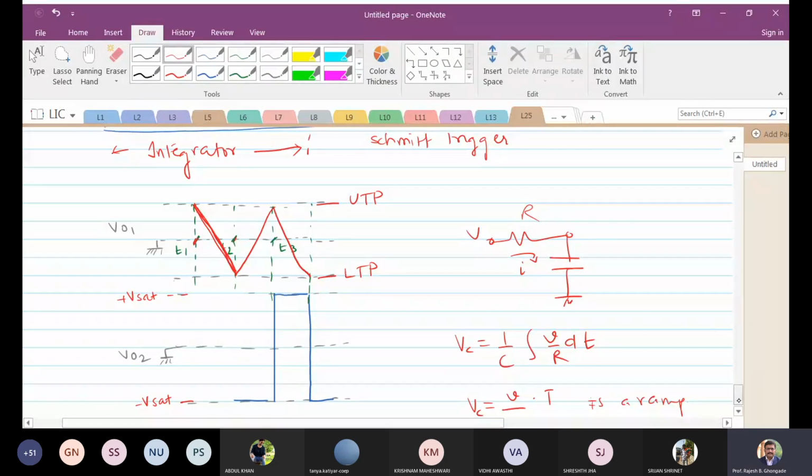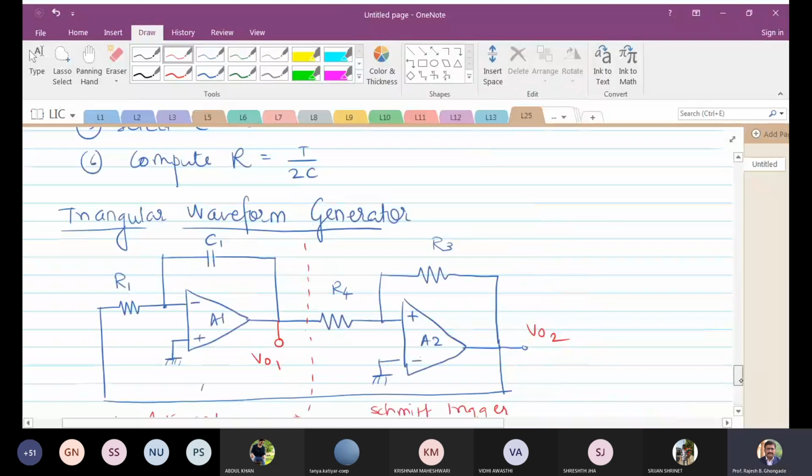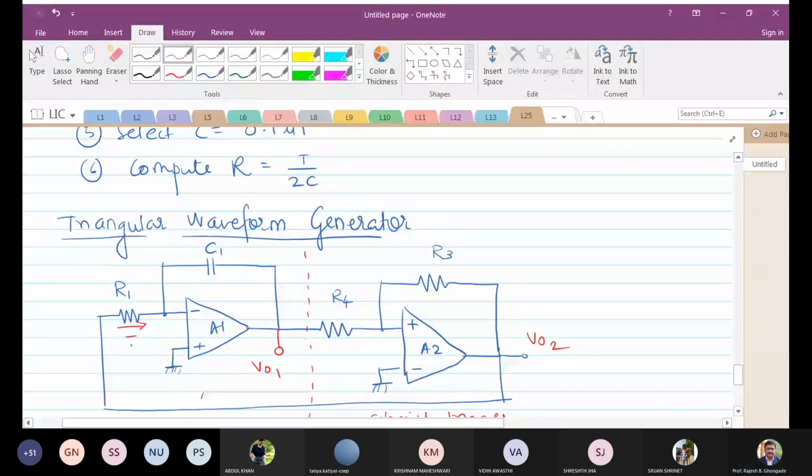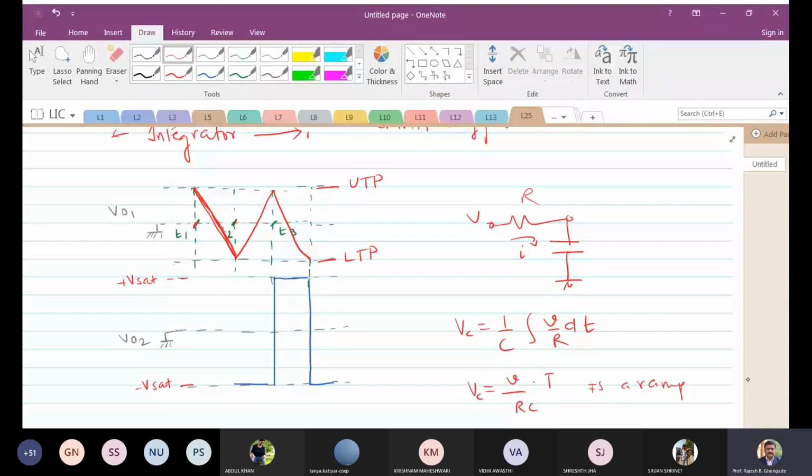If I mark this as I1, so I1 flows through R1 charging C1. Obviously, since I is going to be constant, we are going to expect a ramp. So the integrator output changes with a constant rate in the negative going direction. Output change is delta V from VO to minus VO.